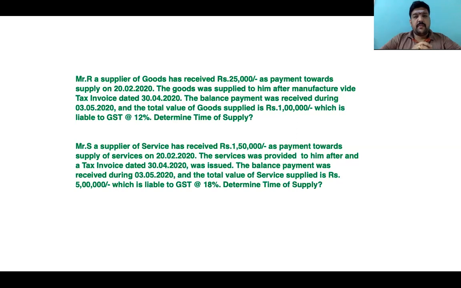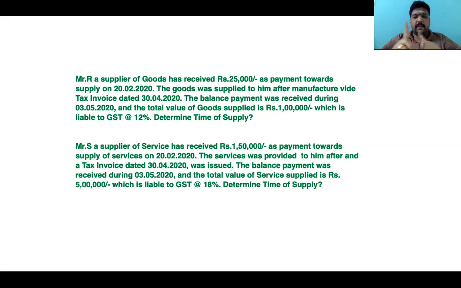Go ahead. Mr. S, a supplier of service, has received rupees 1 lakh 50,000 as payment towards supply of services on 20/2/2020. The service was provided to him and a tax invoice for rupees 5 lakhs was issued on 30/4/2020.